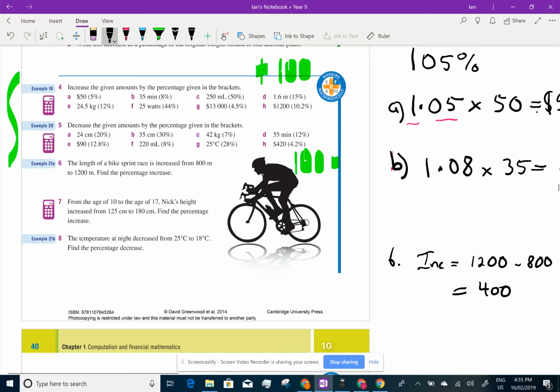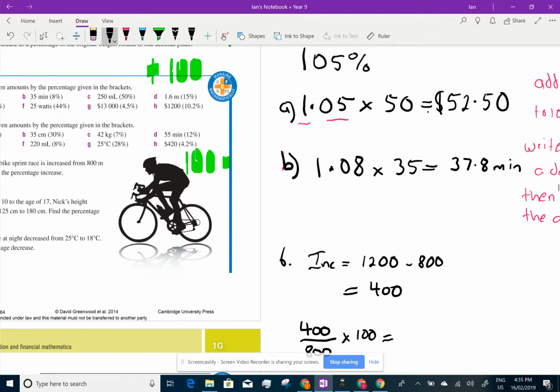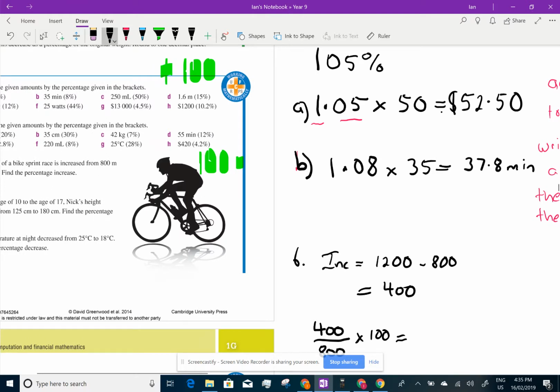What's that as a percent? Well, 400 out of 800. Remember, a percent, you've got to have something out of something, and times by 100. Well, I already know 400 over 800 is a half, and a half is 0.5 times 100. It's 50%, or half of 100.